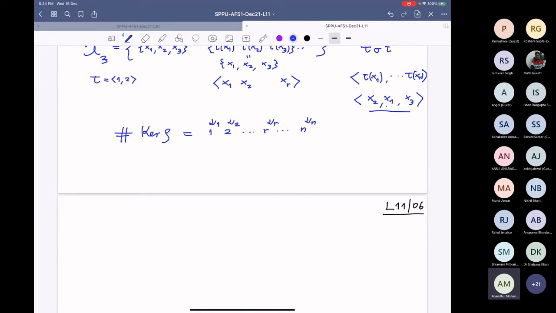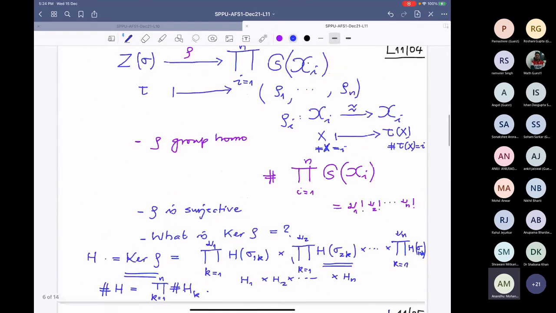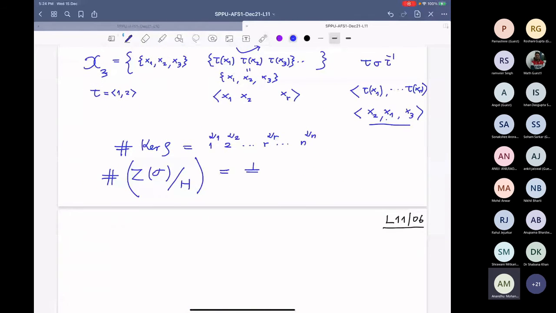Yes, sir. But now, what is the formula we are getting? The cardinality of Z sigma modulo H, this cardinality I know. This is equal to the cardinality on that side, that is the surjective map. So this is the cardinality of the product group, the permutation group on each capital Xi, i from 1 to n.